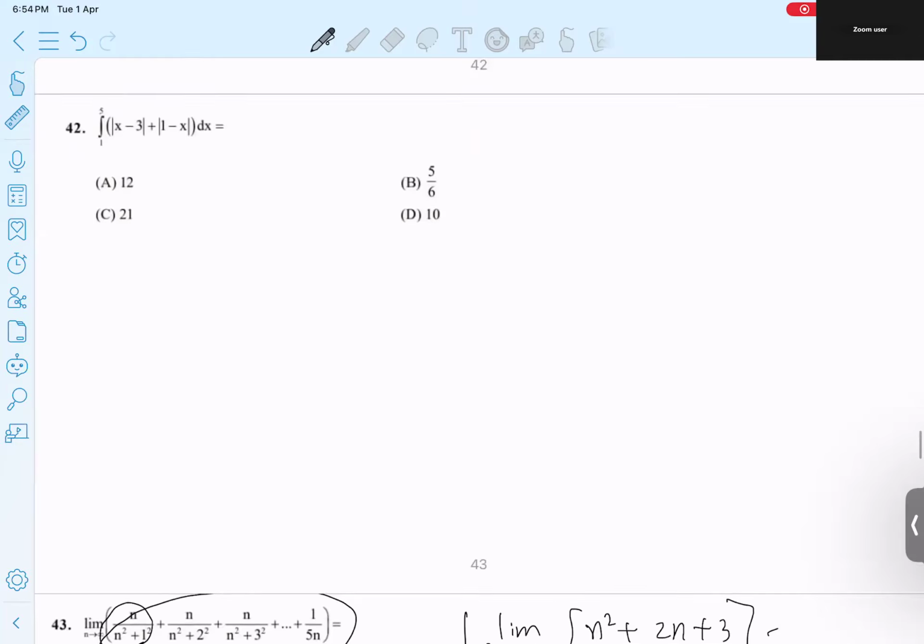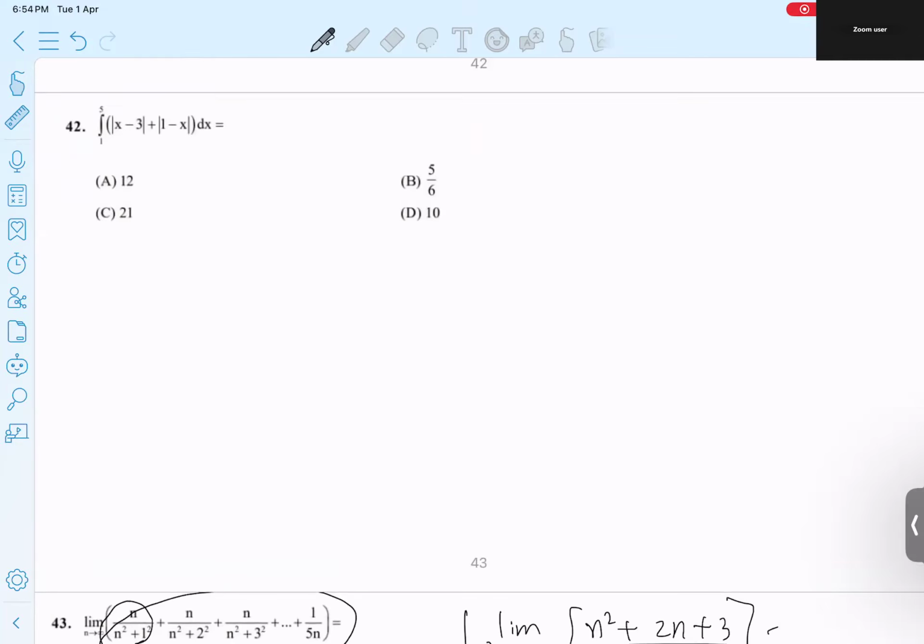Integral of 1 to 5. So we will solve the difficult problems first, then I'll go with the easy kind of question. First, I'll finish with the second PUC concepts, then I'll enter the first PUC. So integral of 1 to 5. We have to check, they have given two modulus functions, that is x minus 3 and 1 minus x.